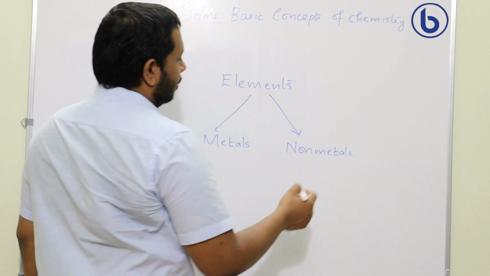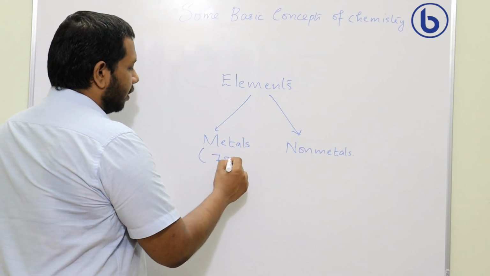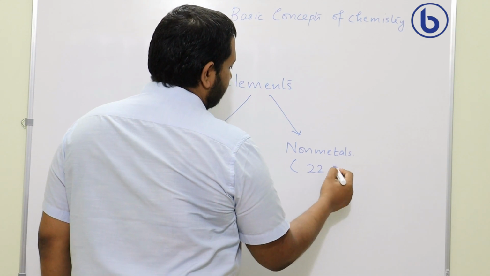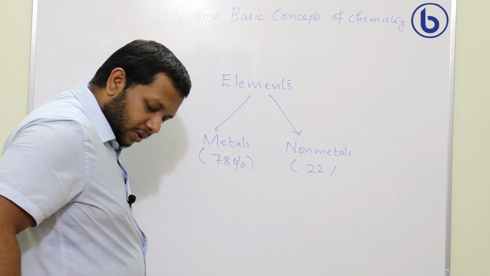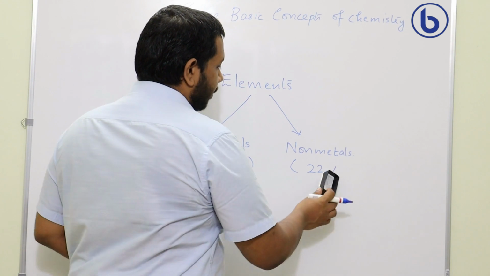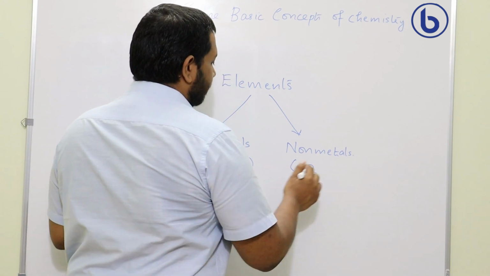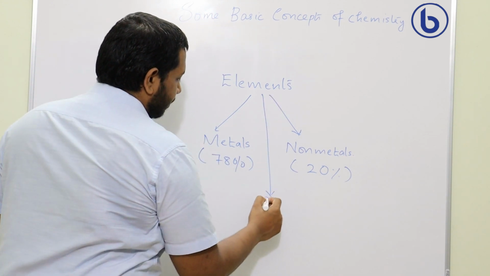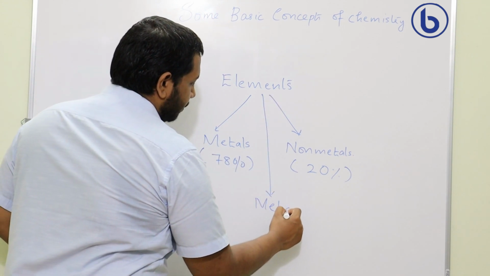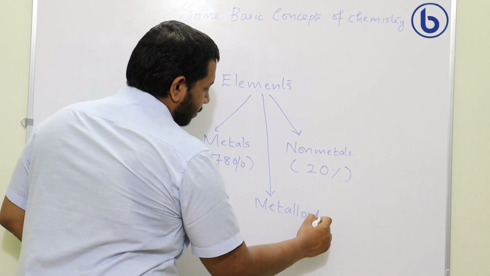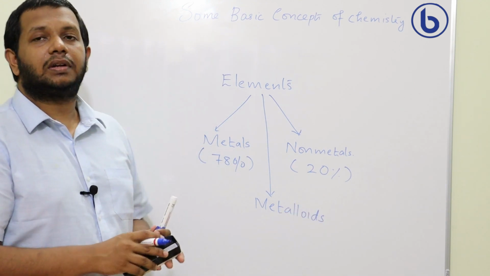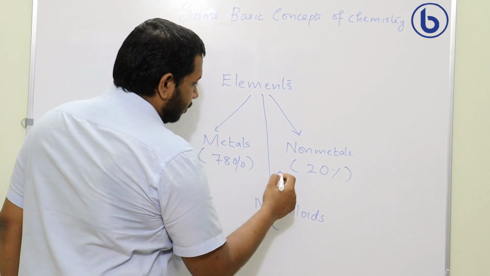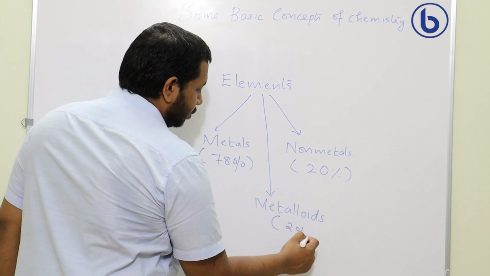I told you metals constitute around 78%, and non-metals, I cannot say exactly 22%, because there is a third classification called metalloids. So I may say some 20% are non-metals. A metalloid can behave both as a metal and as a non-metal, and these constitute around 2%.